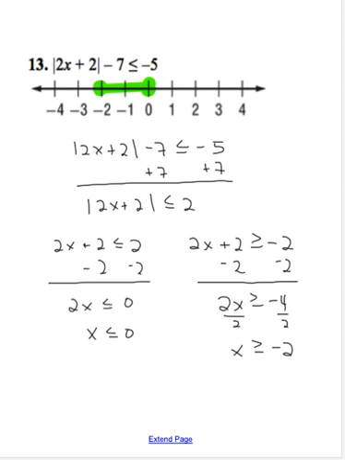And to write it out for you, we've got there exists an x such that x is greater than or equal to negative 2 and less than or equal to 0. Or in our interval notation, we've got a range from negative 2 to 0 with inclusive endings.